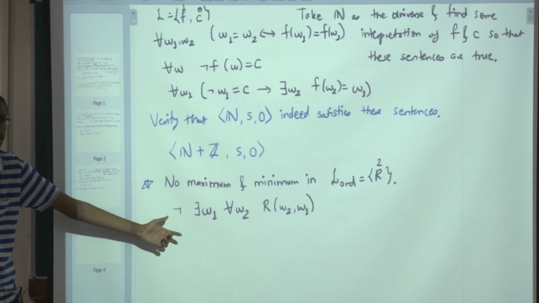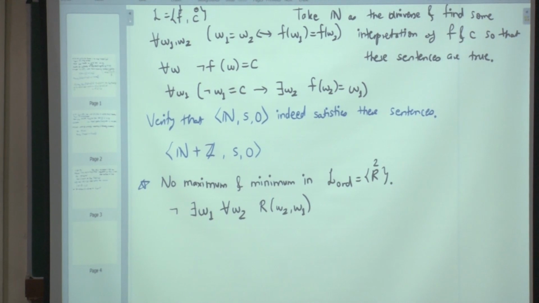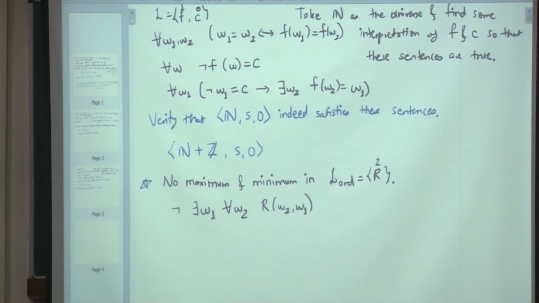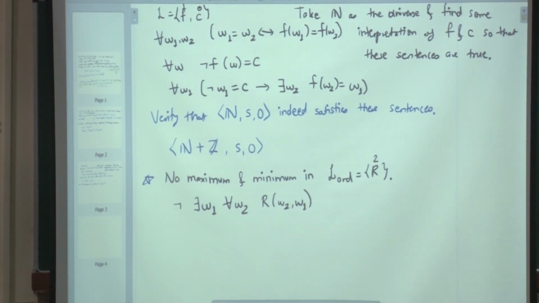Now you have to make sense of it. What should be R? If it is less than, then will this make sense? See, we are talking about maximum and minimum, so we are talking about a linear order. All the axioms of reflexivity, antisymmetry, transitivity and trichotomy are already given to you.